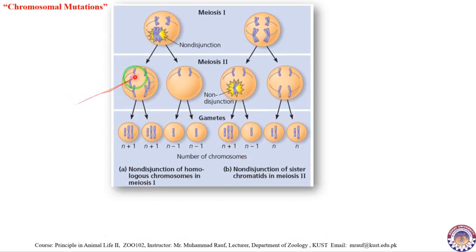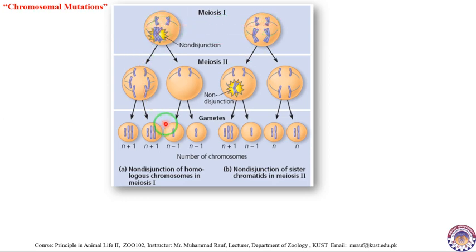Now here we will analyze the process of meiosis, how the 2n minus 1 and 2n plus 1 eggs are produced. These are two different cells.